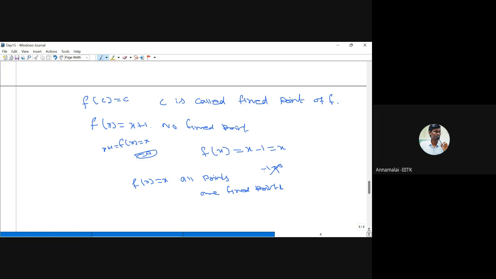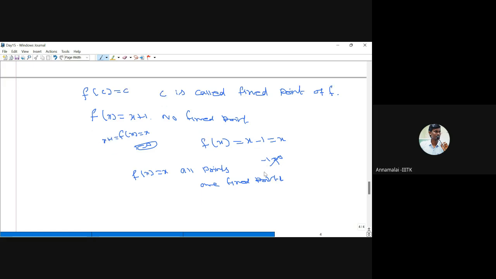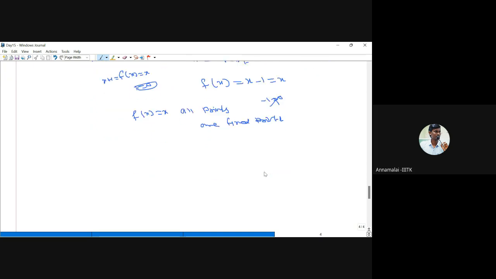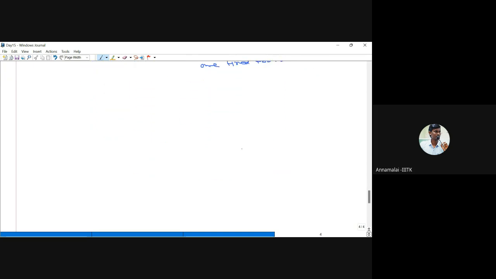Now, what does the fixed point theorem say? It says when a continuous function has a fixed point.